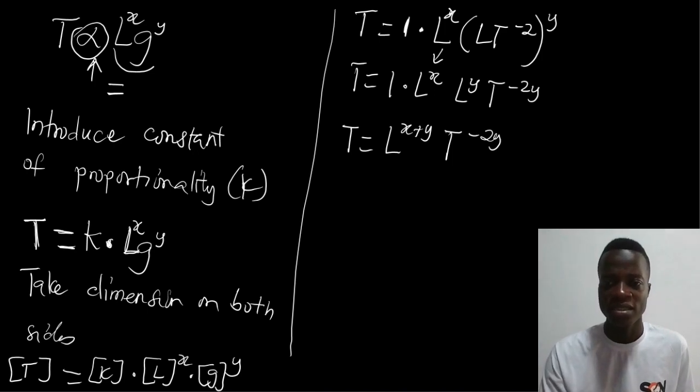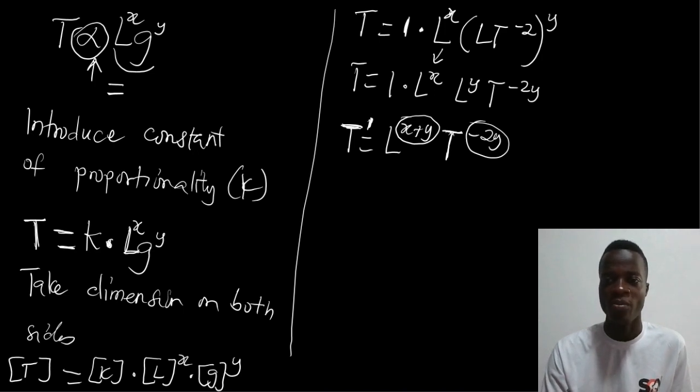If you see that, you can see that we now have to compare both sides. We need to find the values of x and y. Now the T here has the power 1, and there's T on the other side, so let's compare their powers.